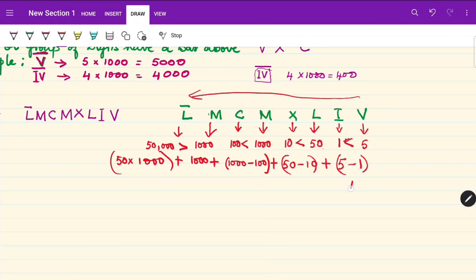So 5 minus 1 is a 4, and then a plus. 50 minus 10 is 40, plus 1,000 minus 100 is 900, plus 1,000 stays as it is, and over here the leftmost value is 50,000. And why 50,000? Because of this bar over the L.